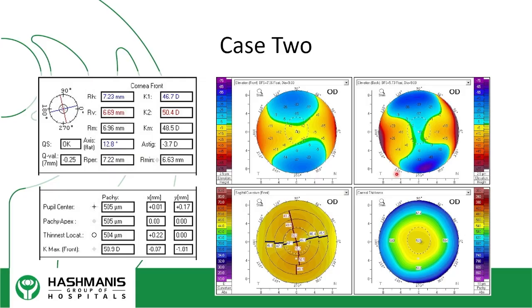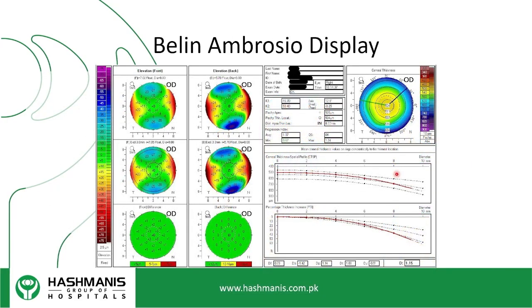This person looks absolutely normal if you look at the other maps. So it's not always dependent on the K readings. That's the take-home message that I'm giving you. And if you look at the Belin-Ambrosio display, which we'll go over in the next couple of slides, he's got completely normal corneas, and I haven't shown the second eye, but he's also got symmetric corneas. So this was an absolutely normal case, even though it has high K readings.